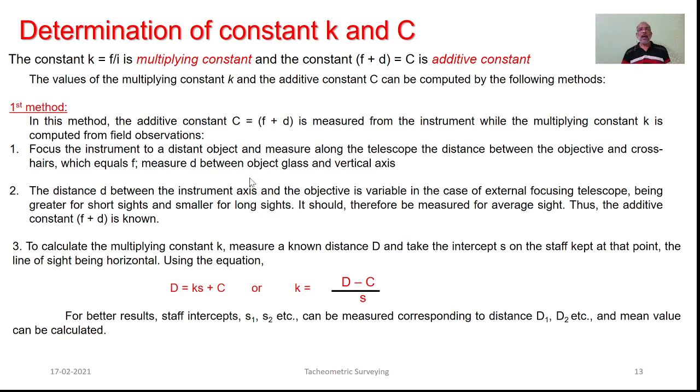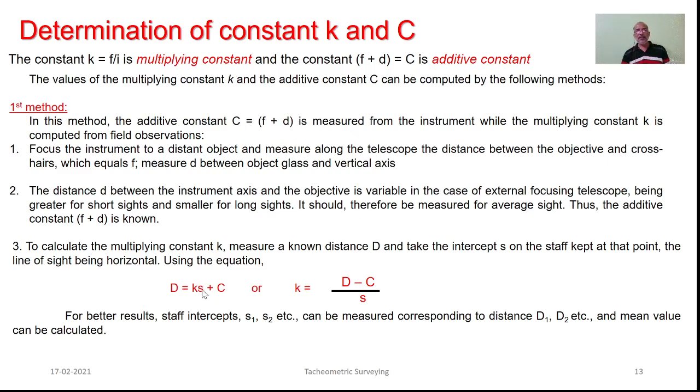Hence, the value of additive constant f plus d can be easily determined. Now, as we measure the distance capital D, as we have set the star at such a known distance, we can make use of this expression D is equal to ks plus c. Here, distance D is known, and the value of additive constant f plus d is determined based on the actual measurements taken on the instrument.